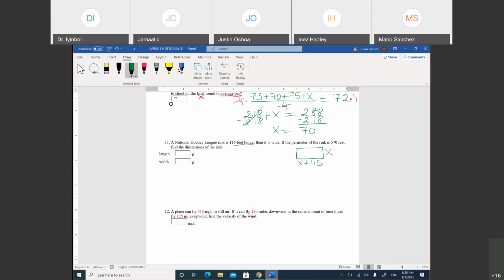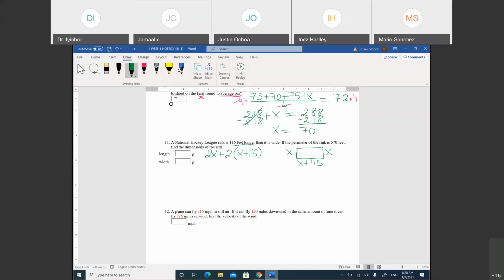Now, the formula to find the perimeter of a rectangle is 2 times the length plus 2 times the width. So you're adding pretty much all the sides. Because this side is X, the other one is also X, so it's going to be 2X plus 2 times the other side, X plus 115.